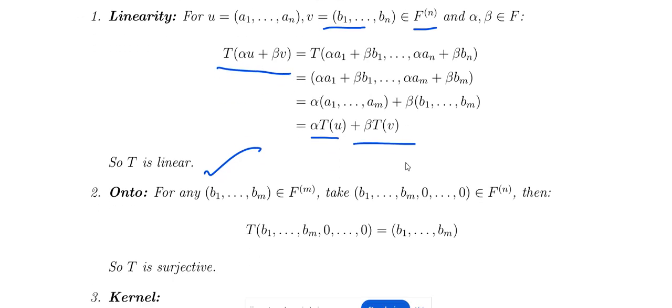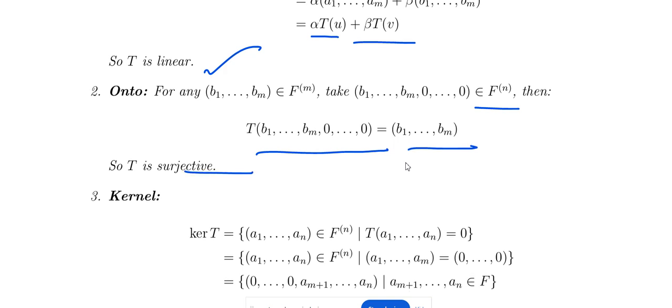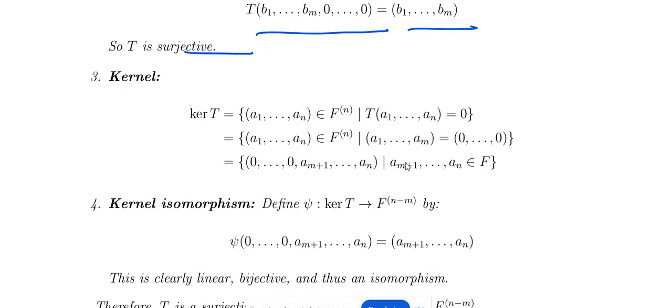It is also onto: for every point of the m-tuples, since these are n-tuples, we add zeros, so T of (0, ..., 0, b1, b2, ..., bm) gives (b1, b2, ..., bm), which shows surjectivity. For the kernel, the kernel of T consists of the elements of F^n that go to 0, that is (a1, a2, ..., an) in F^n with T(a1, ..., an) equal to 0.